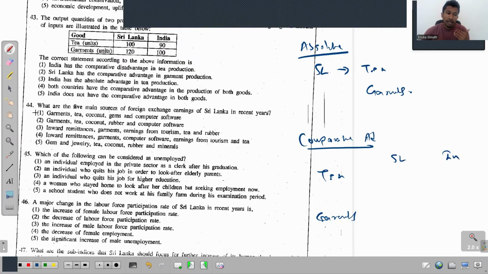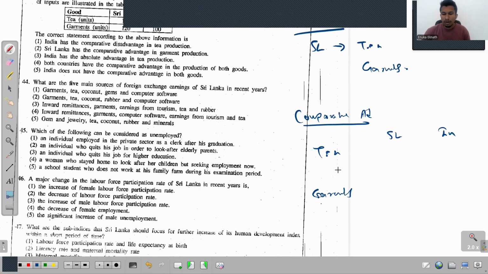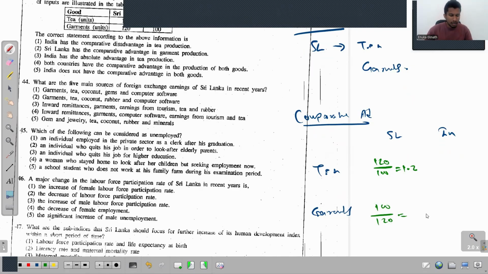So I told you that we need to apply this output approach when calculating the opportunity cost. So according to that approach, if it is Sri Lanka, we take 120 divided by 100 to find the opportunity cost of producing tea, and that will be just 1.2. And we take the reciprocal of this to find the opportunity cost of producing garments, and that will be how much? 0.83. 100 over 120 will be 0.83.